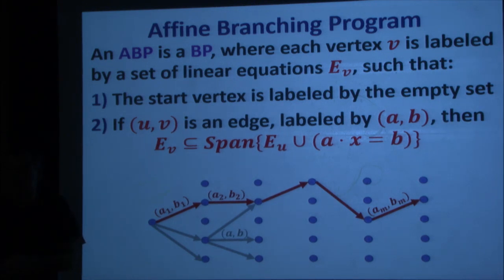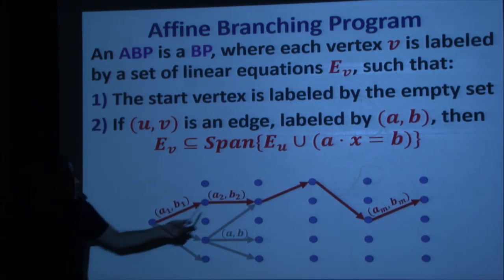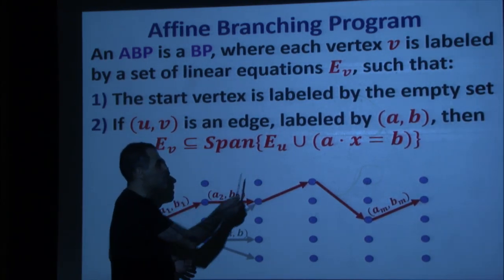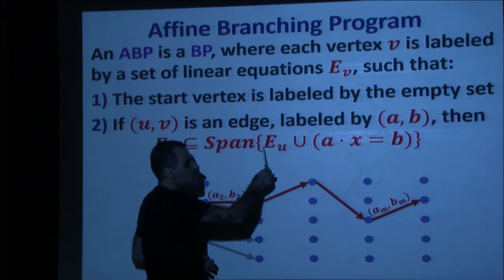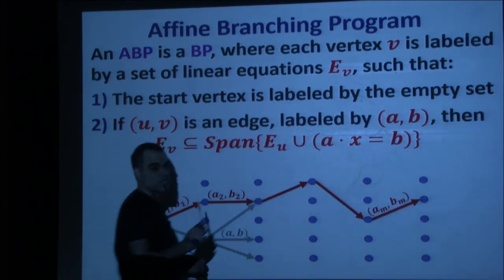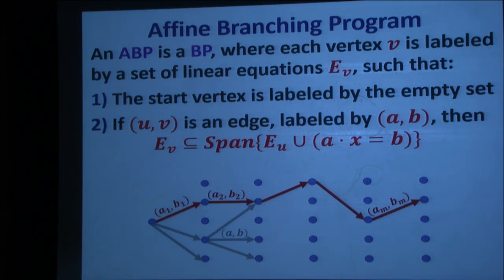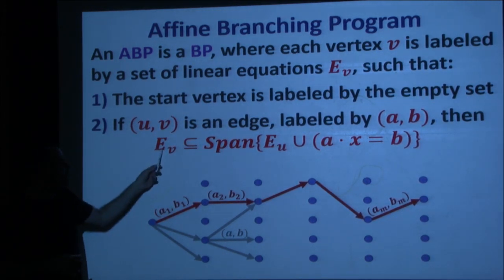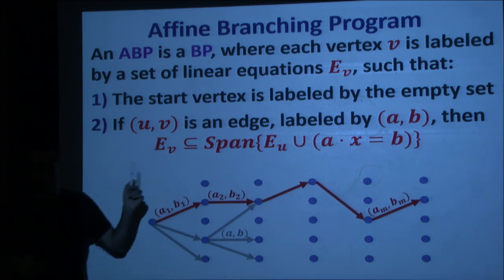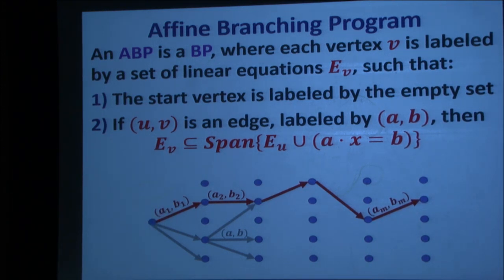Since you cross this edge, you know that AX equals B is satisfied. So you know that all these equations are satisfied, but you don't remember anything else. Therefore, we assume that EV is a subset of the span of the equations of EU union with AX equals B.